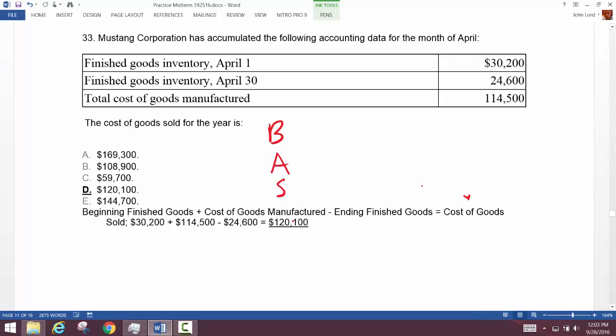You can write the E below that line. There you go. Perfect. All right, so how do you want to start? Beginning inventory, April 1st is 30,200. Okay, so you can go ahead and write that in.